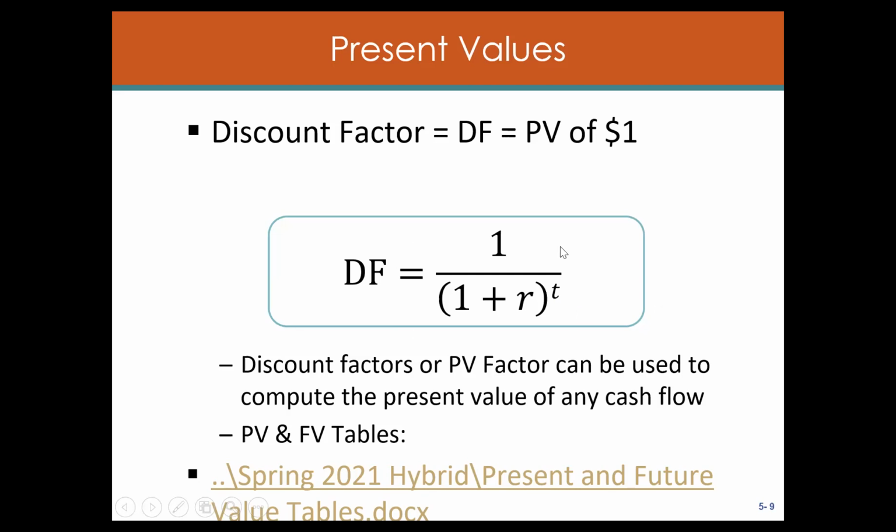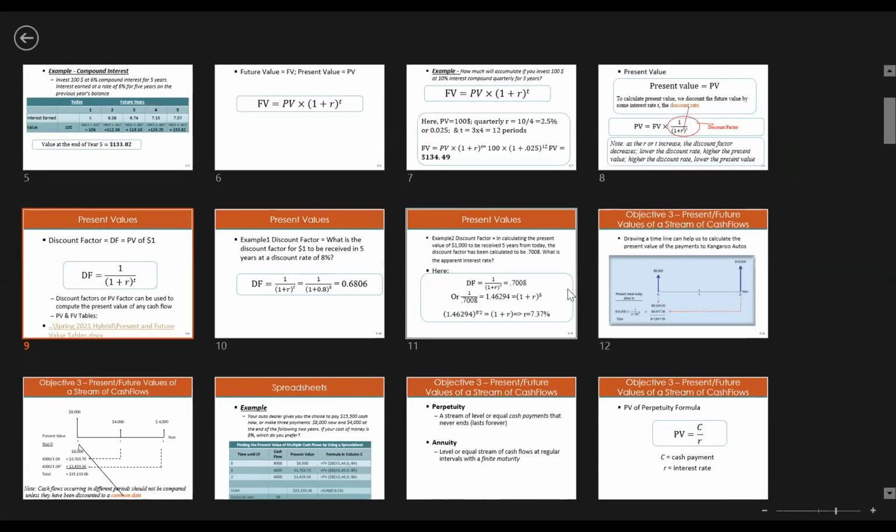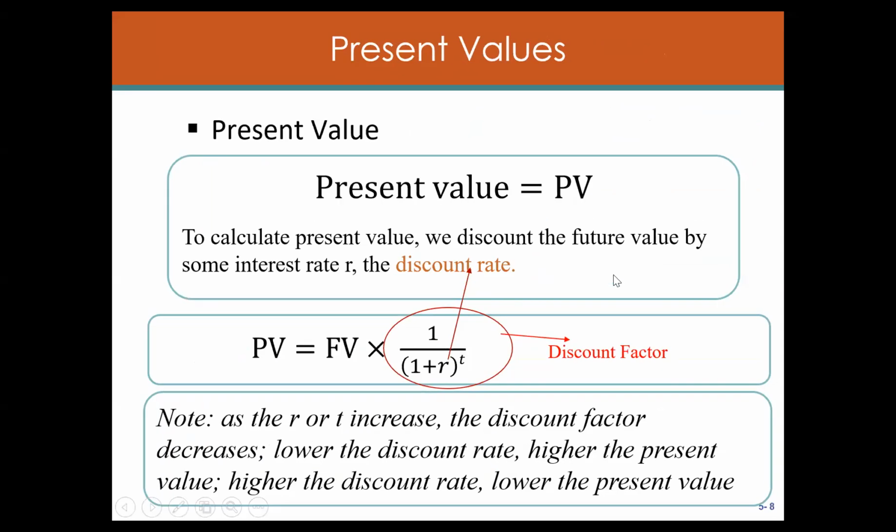That's what we call the discount factor. And 1 plus r to the power t is the future value of $1, the future value factor. So these tables are readily available.